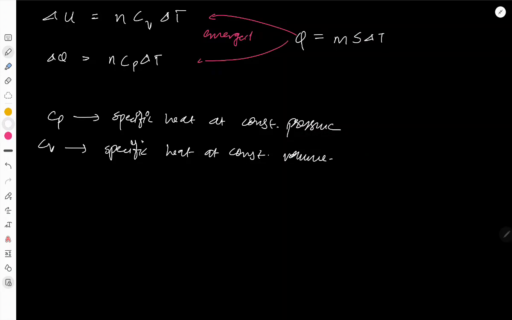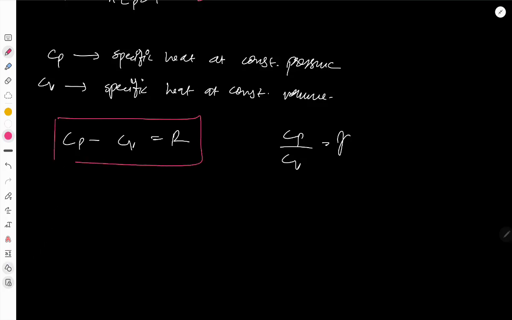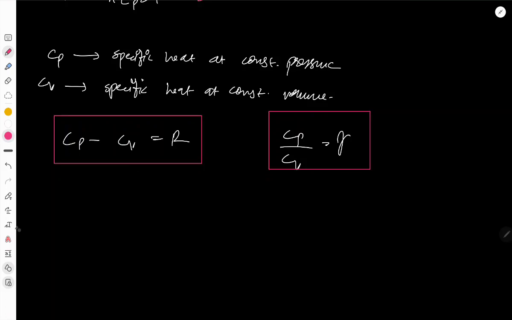And now let us know another relation, that is Cp minus Cv is equal to R, and Cp by Cv is equal to gamma. So now again you might be wondering what is this gamma and R. So I'll introduce you to both of them.